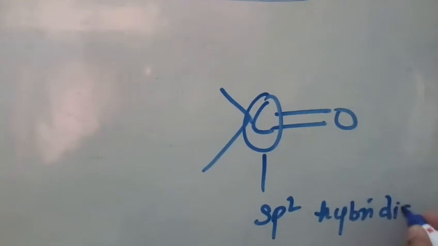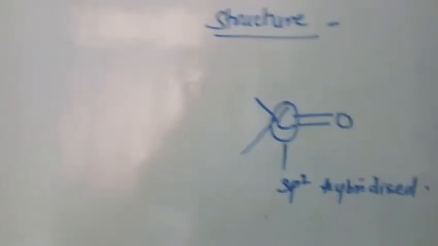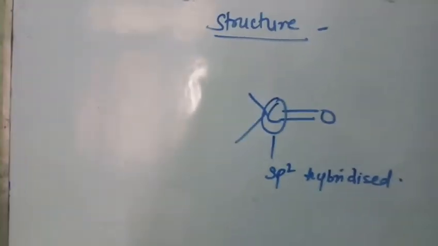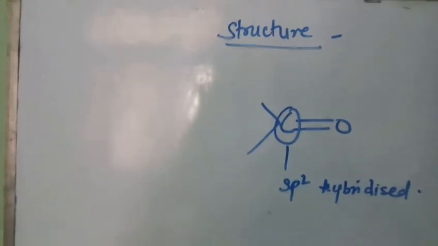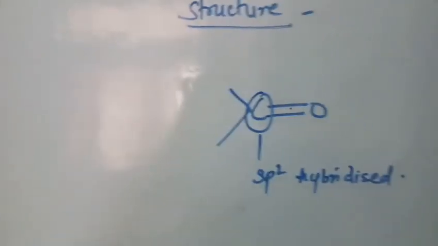So this carbon is sp2 hybridized. Three orbitals are sp2 hybridized, and one of the orbitals, the p orbital, contains an unshared electron which will overlap with the oxygen p orbital to form this pi bond, isn't it?